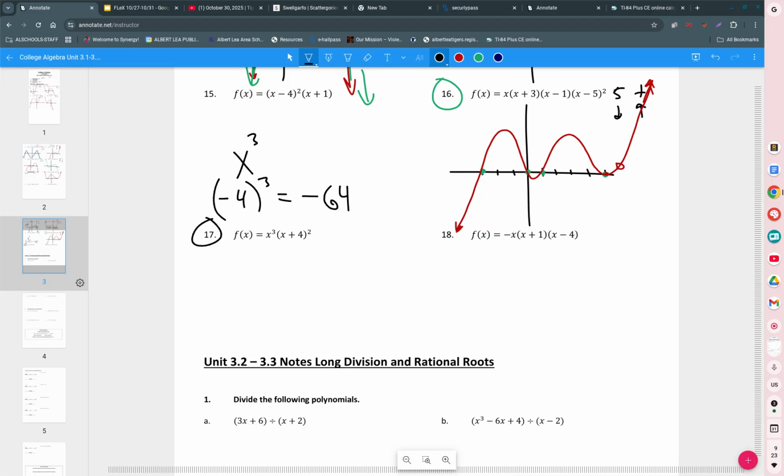The fact that it's positive tells us how it ends. It ends going up. Suppose I had this.